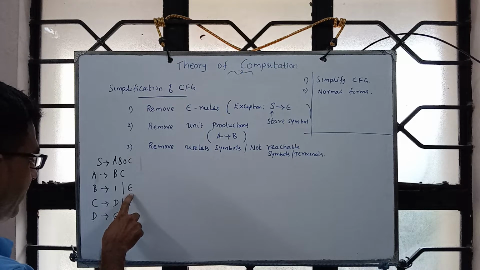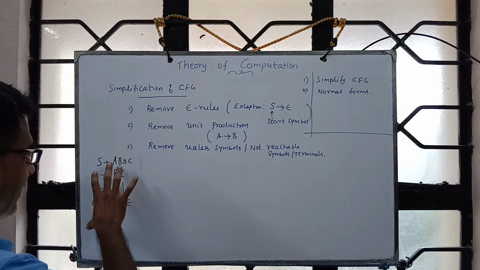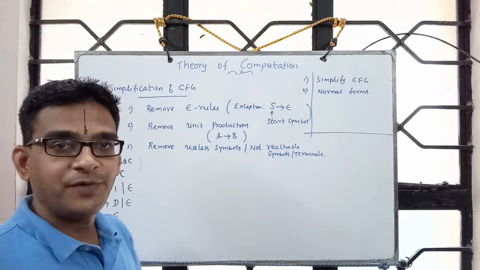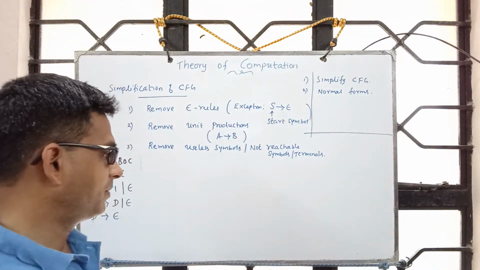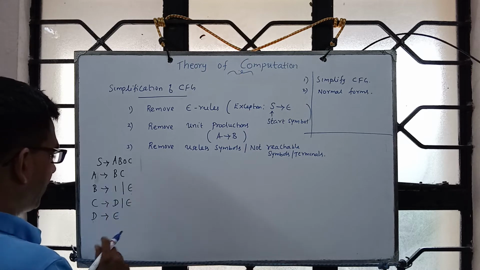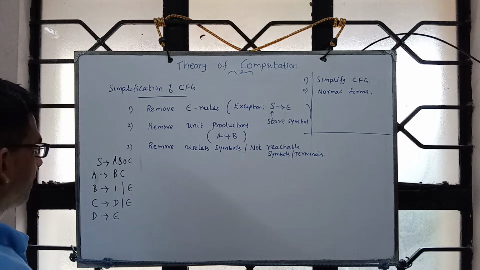But when I say B implies epsilon, C implies epsilon, D implies epsilon, we should not simply remove it, because the language accepted by this grammar and the simplified grammar must both be the same. So keeping that in mind, one should remove epsilon productions.